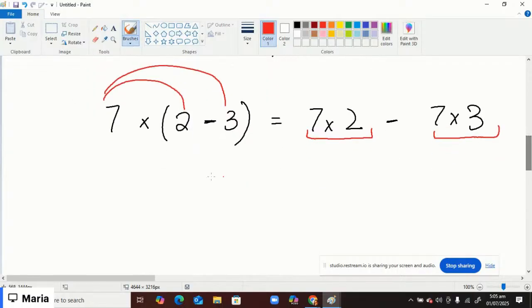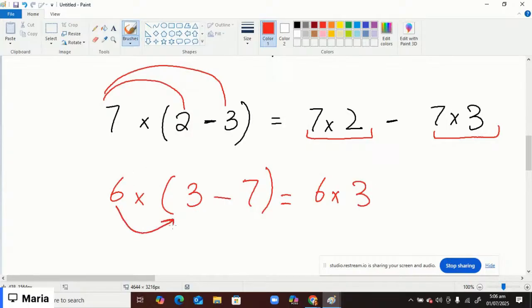All right, for example, if I write here 6 times 3 minus 7, how can we write it down? We write it this way: first of all, multiply 6 times 3. Here is the multiplication sign. 6 times 3 and then 6 times 7. 6 is multiplied with 3, and 6 is multiplied with 7.